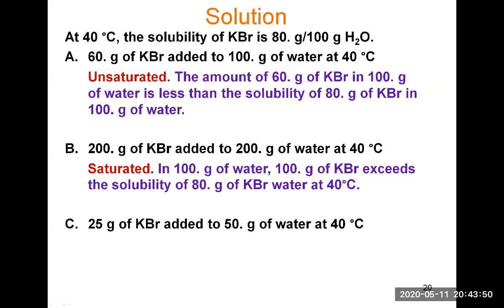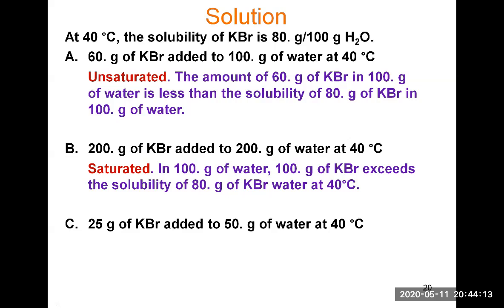And so it comes down to trying to put 100 grams of KBr in 100 grams of water. And 100 grams of KBr exceeds the solubility of 80 grams of KBr in 100 grams of water. So that means the solution is saturated.